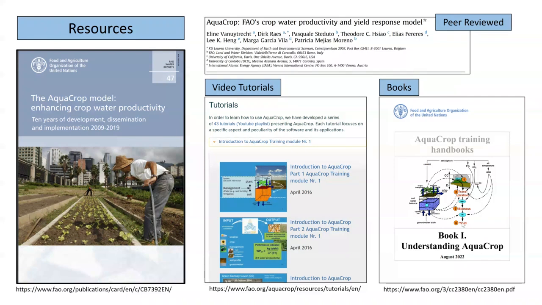There are plenty of resources on the FAO website that go into more depth of the capabilities of the model, which are immense. There are also peer-reviewed papers that go over different case studies or what the models were used for. The video tutorials, again, will go into more detail of the model and its capabilities.